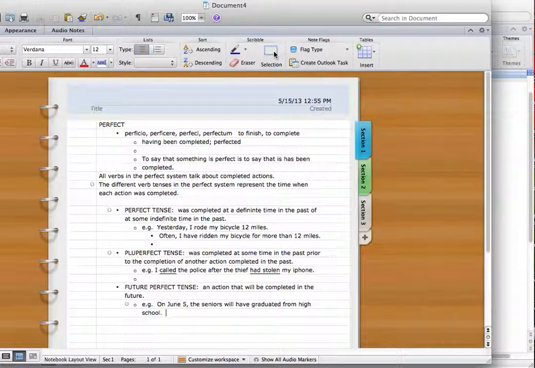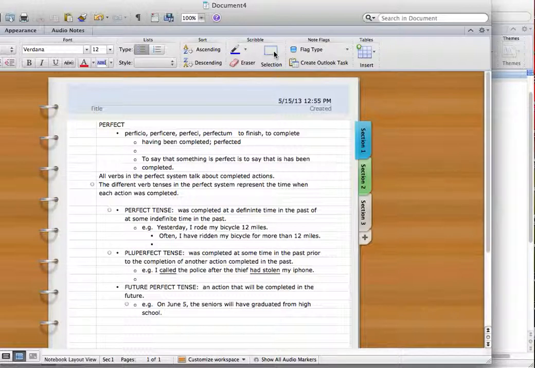You don't see this too often. A lot of times in Latin, you'll see it being used in sentences that start with if, because if talks about usually something in the future and something that isn't done right now, but might be done later on. So a lot of times that's where you will see it in the future tense. So in a really quick nutshell, those are all the tenses of the perfect system.